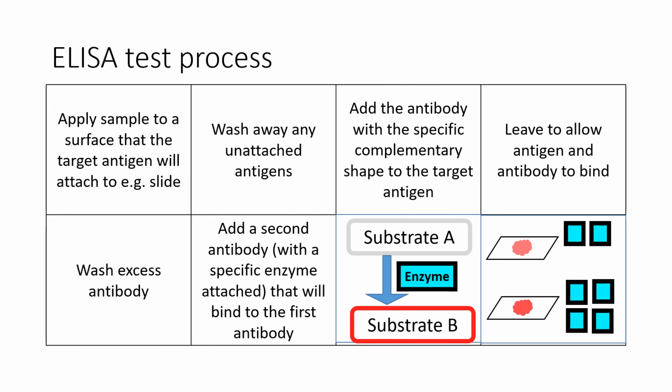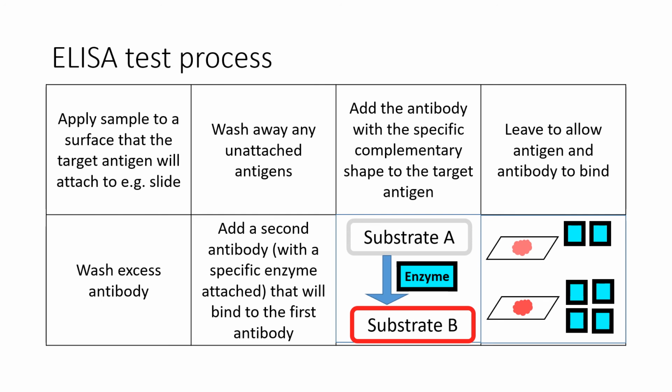As a consequence, the enzyme that's attached to the second antibody, we can then use that as a substrate being converted from one type of substrate to another type of substrate, resulting in a color change.